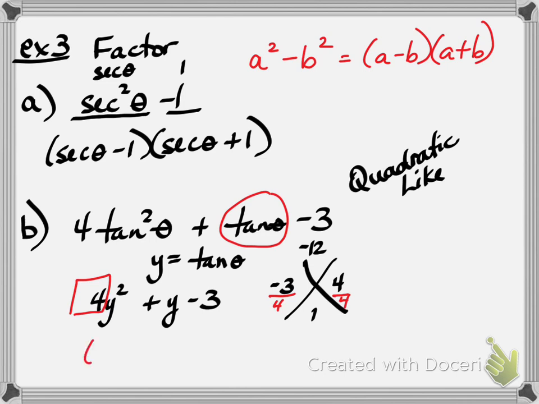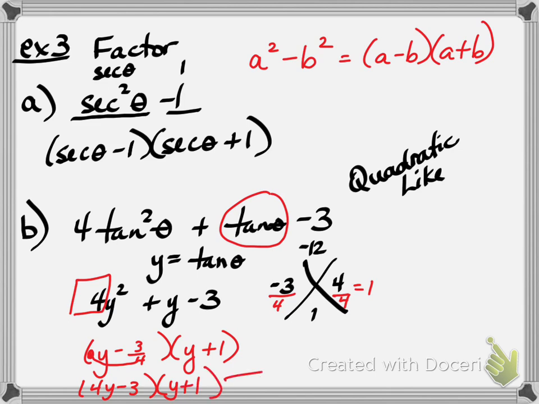So you get y minus 3/4 and y plus 1, because this divides and gives you a 1. And then I'd like that y moved up, the 4 moved up here as 4y minus 3, y plus 1. And then lastly, we got to plug back in for y. So 4 tangent theta minus 3 and tangent theta plus 1.